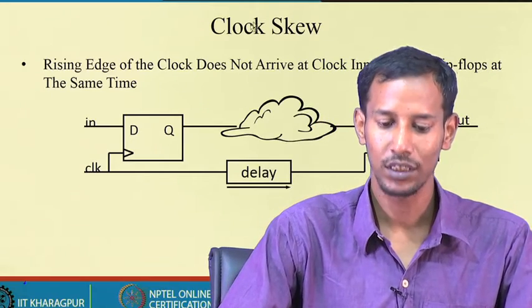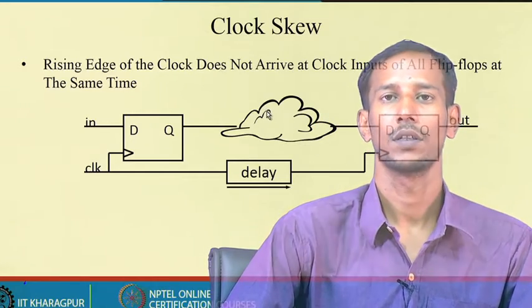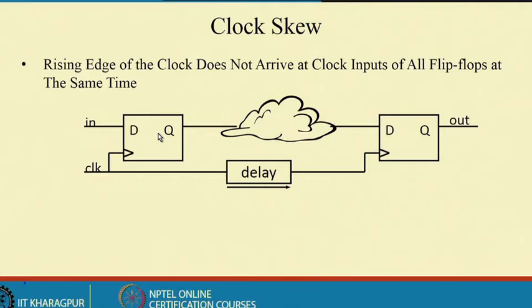At that time clock skew occurs. As you can see, these two flip flops are connected via some logic, and the arrival of the clock also differs. This may create some problem for the system.